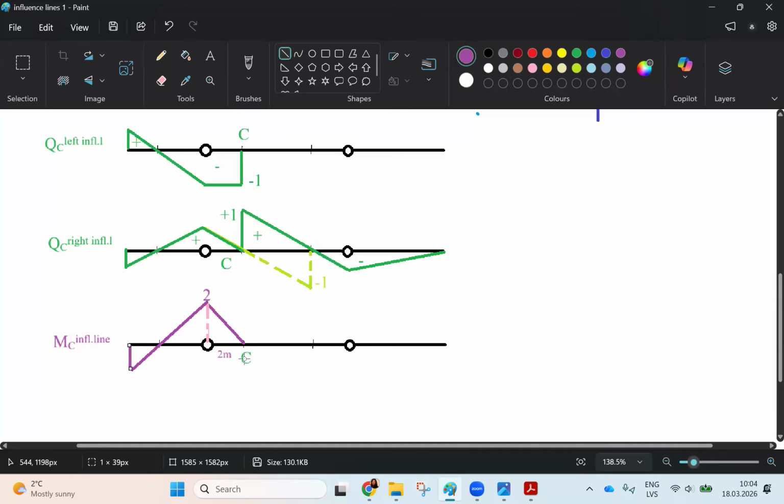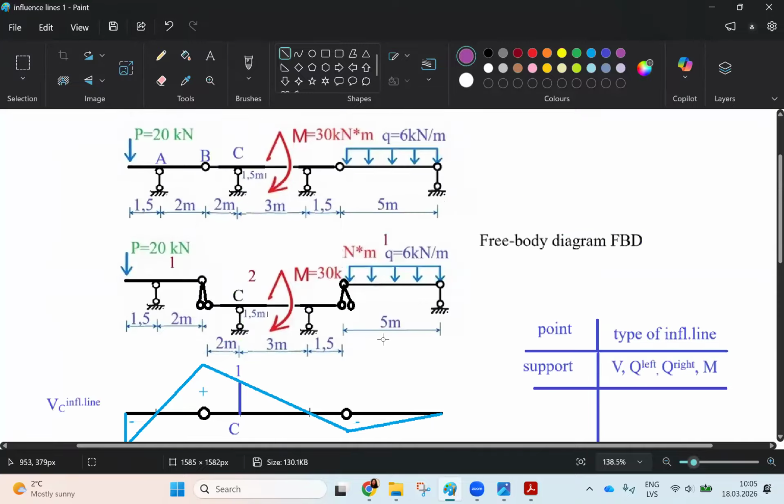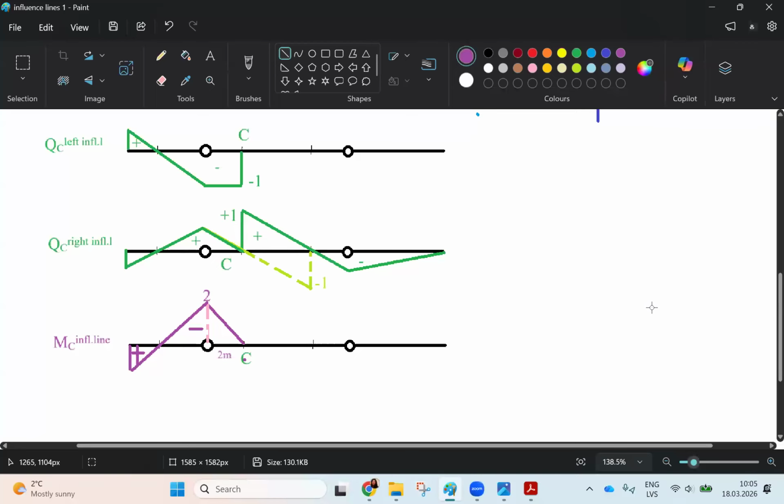Probably it could be a different scale, but yeah. For the moment, it's negative upward and positive downward. That's for the point C for this kind of beam and free body diagram. Let's continue more in the next videos.